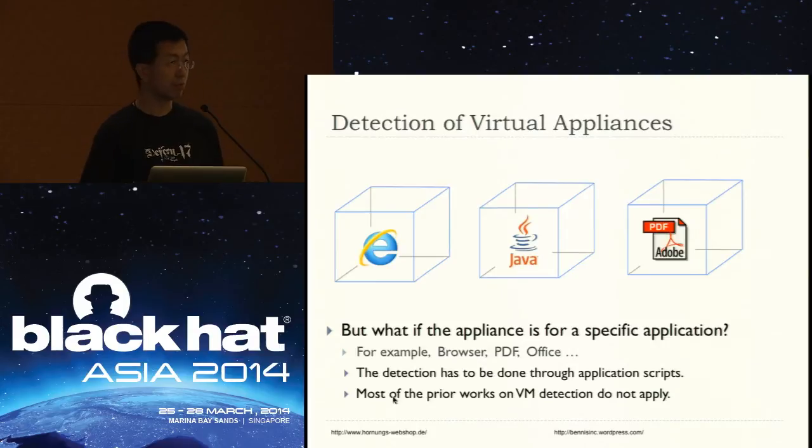In practice, most virtual appliances are probably going to run a set of applications. Like if you want to do malware analysis, maybe you have a virtual appliance tailored to run both IE and look at PDF, maybe some Office documents. But for simplicity of discussion, I just assume you only run one application, okay?